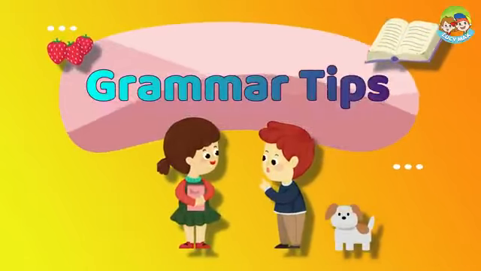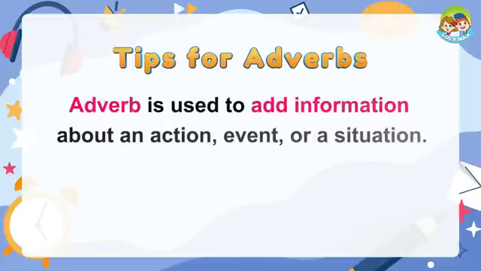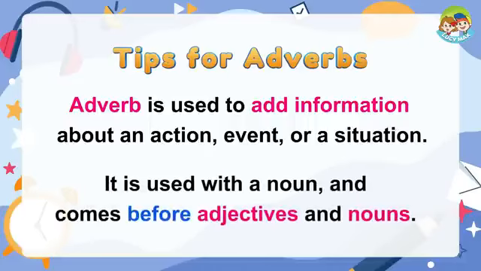Grammar tips. We will look at tips for adverbs. Adverb is used to add information about an action, event, or a situation. It's used with a noun and comes before adjectives and nouns.